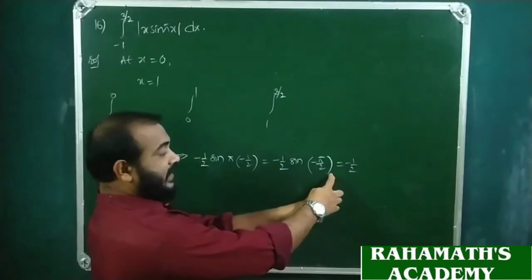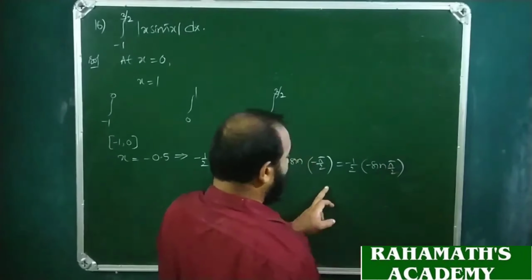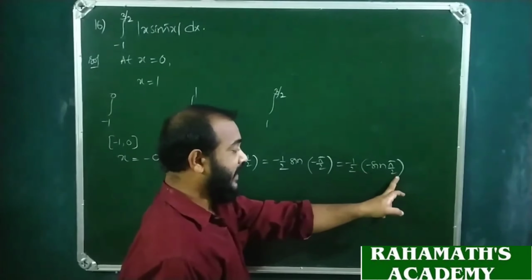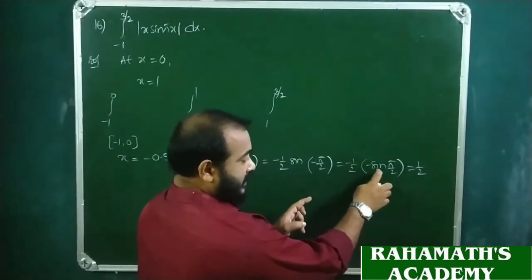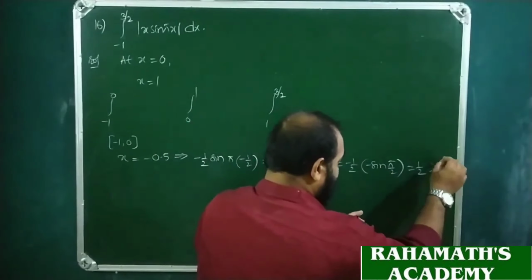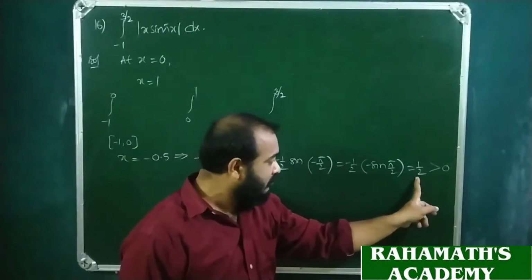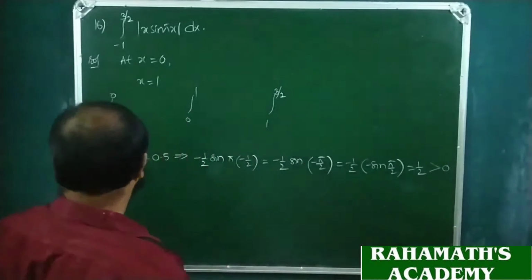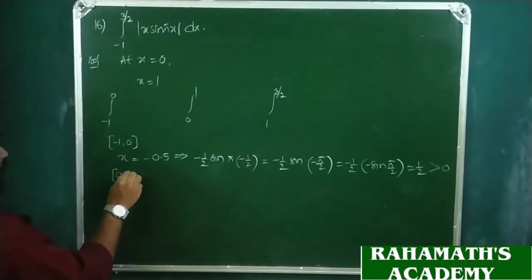Sine minus theta is minus sine theta, so minus sine pi by 2. Minus into minus is plus, so 1 by 2 into sine 90. Sine 90 is 1, so 1 by 2, which is greater than 0. We are not interested in finding the numerical value, but we are interested to check its sign. It is positive. And so between 0 to 1, let us see what will happen.